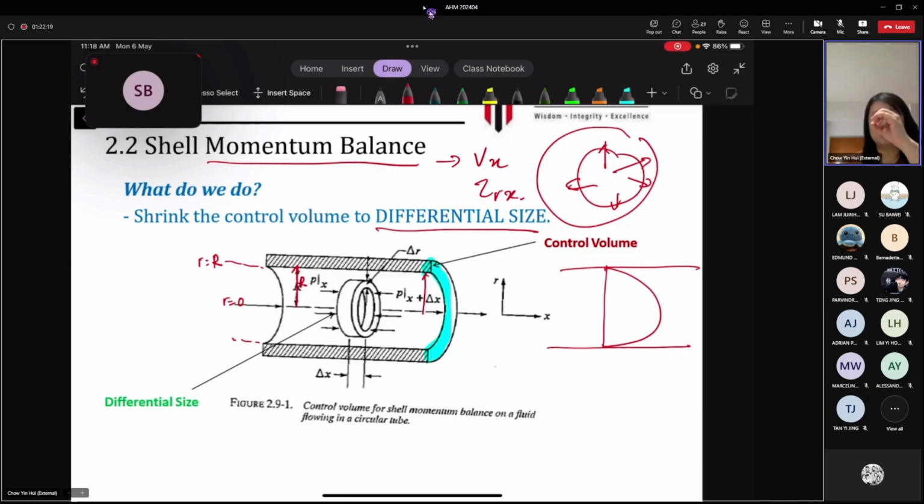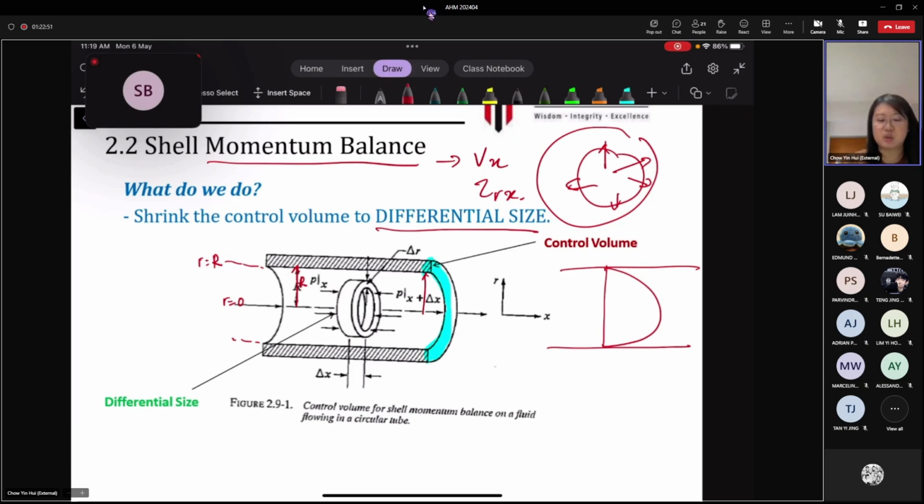If you visualize this as a cylindrical layer, you can look at the video, the one closer to the center of the pipe will travel at a higher velocity. Then when the radius is larger, more distant from the center of the pipe, this layer of fluid will travel at a slower velocity.